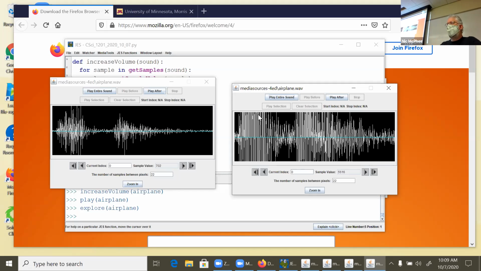And this is called clipping, where we've cranked it up so much that we've gone beyond the values that we can represent with 16 bits of information. And so that's reducing the quality. It's still understandable, like it still is airplane when he says it, but it's definitely noisier than it was.